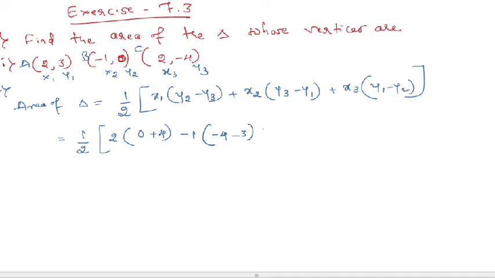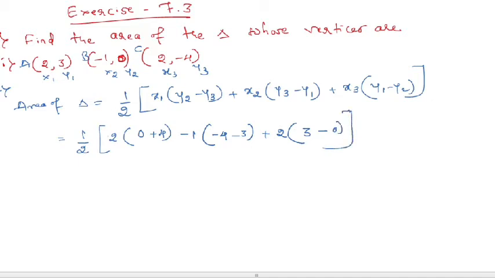Then plus x3 value 2 in the bracket y1 which is 3 minus y2 which is 0.